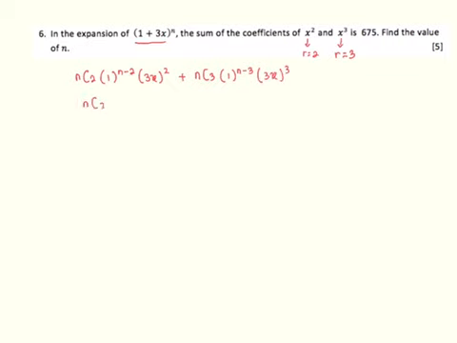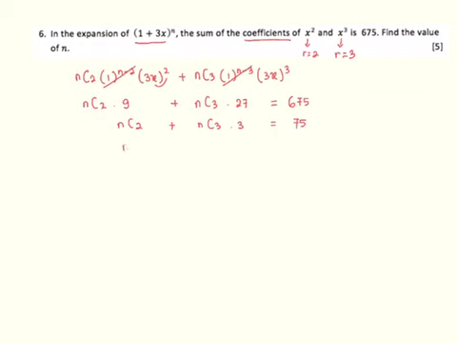And nC2, I can ignore this, times 3 squared is 9x squared, but I don't need to write down the x squared because I only focus on the coefficients, plus nC3, I can ignore also this, times 27, and this coefficient is equal to 675. So I divide both sides by 9. I have nC2 plus nC3 times 3 is equal to 75.